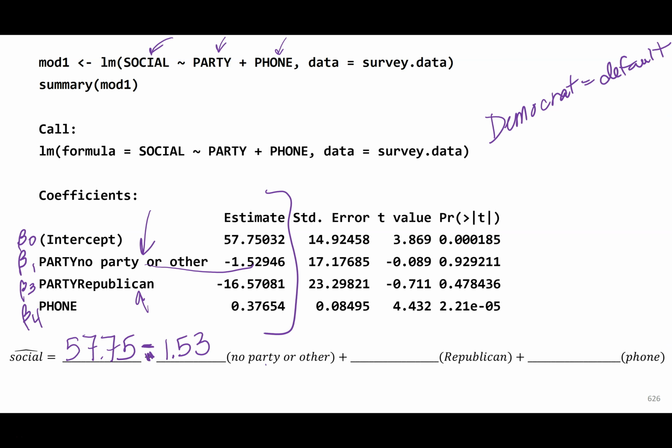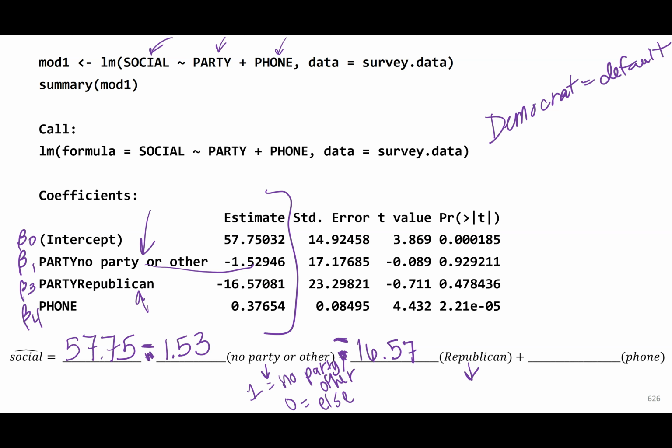So this is going to be a 1 if they're no party or other. And it's going to be a 0 if they're anything else. So if they're Republican or Democrat, that's going to be a 0. This will also be minus 16.57. I am only rounding to 2 spots here, times Republican.